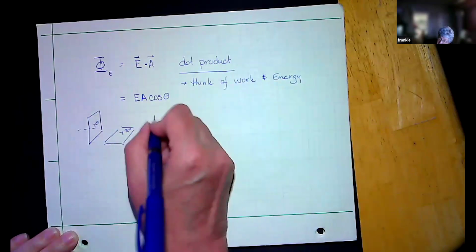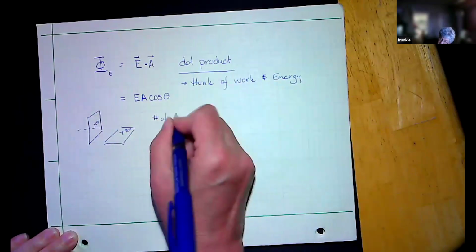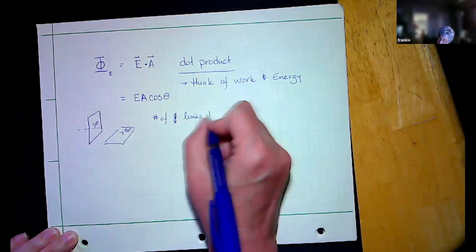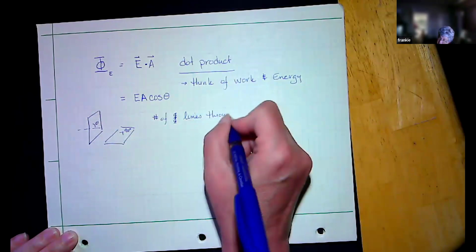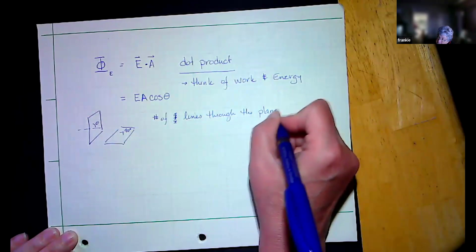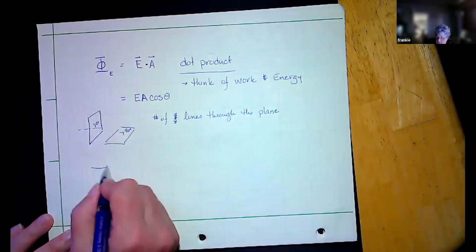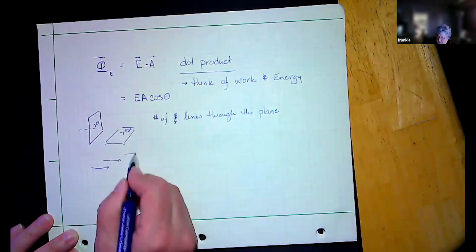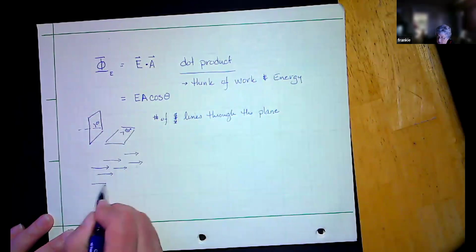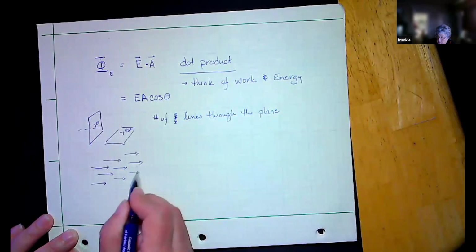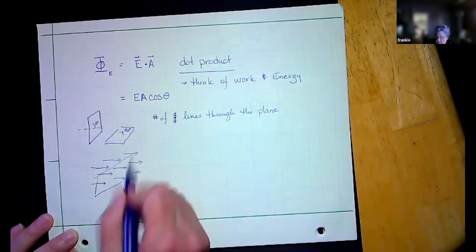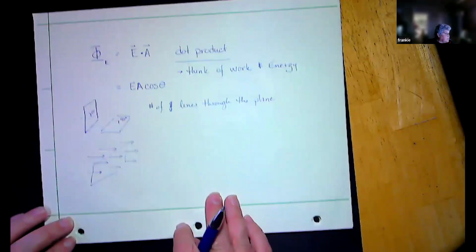And we're looking at the number of lines through the plane. And so as I think about my field lines going through here, if I'm slanted, I'm going to get a different behavior associated with it.